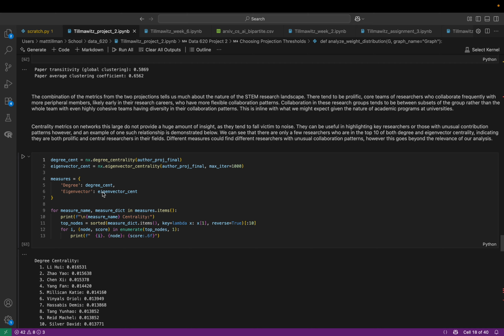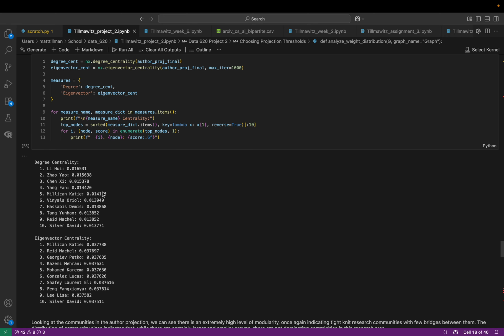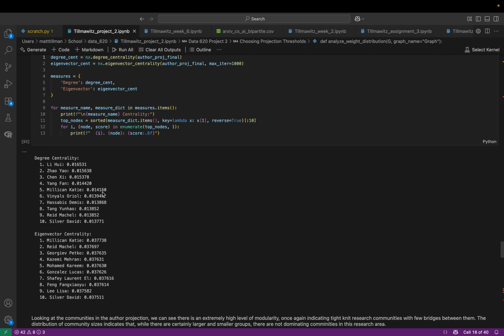When we look at centrality metrics on such a large graph, these can fall victim to the averages, and medians can fall victim to noise. However, they can highlight particularly interesting individuals by looking at combinations of different degree metrics. One example in particular is looking at the degree centrality as well as eigenvector centrality.